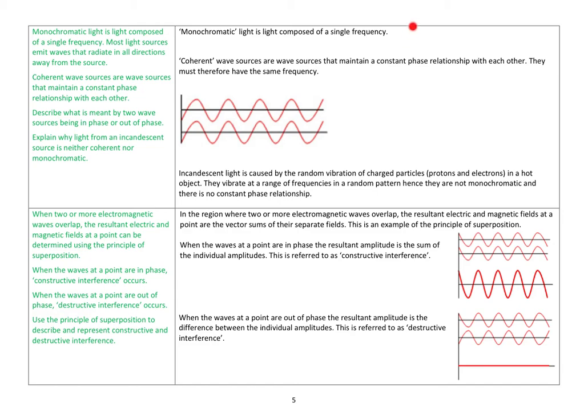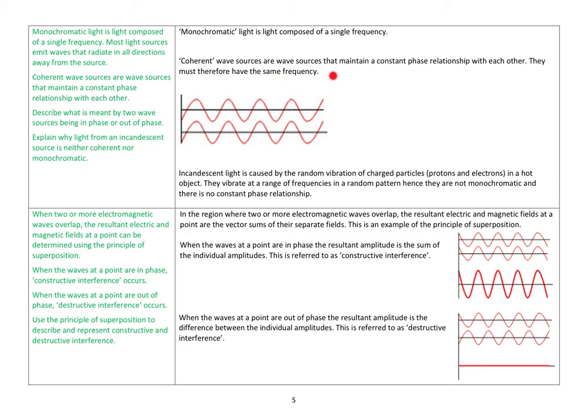So even if that atom is vibrating at a constant rate, so therefore we get a single frequency of light released, that light will be released at random times and in random directions. So the light will be going all different directions at all different times. There won't be what we call this constant phase relationship.